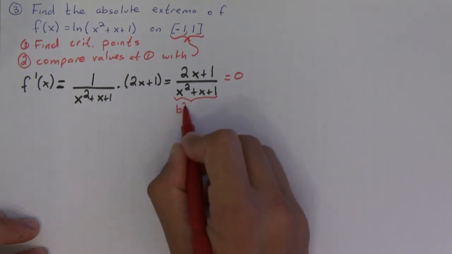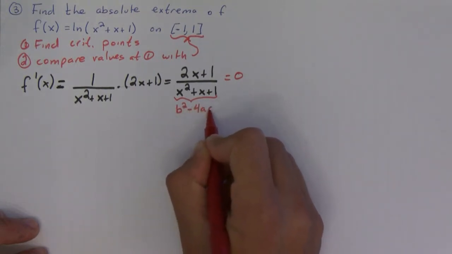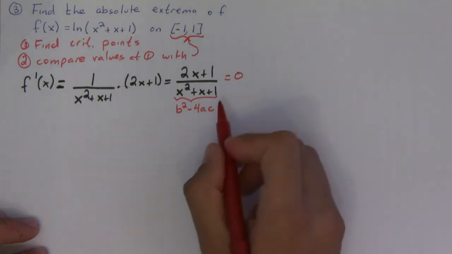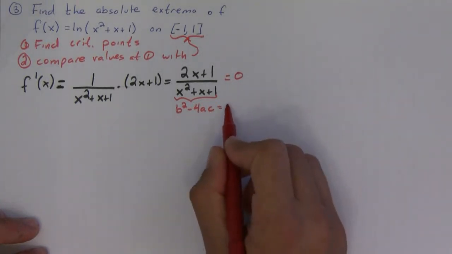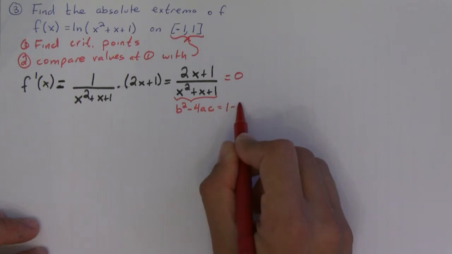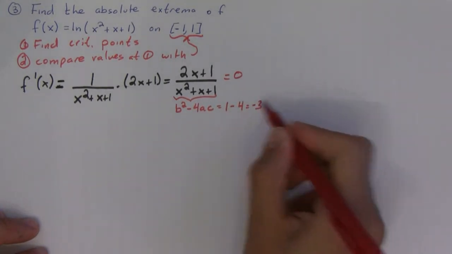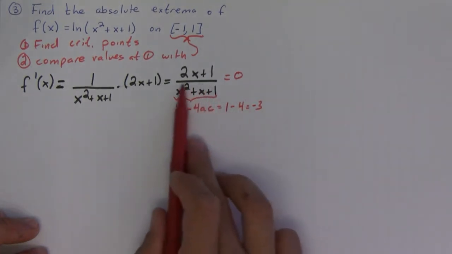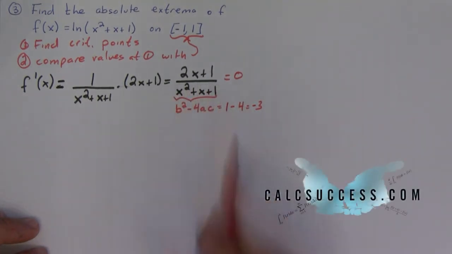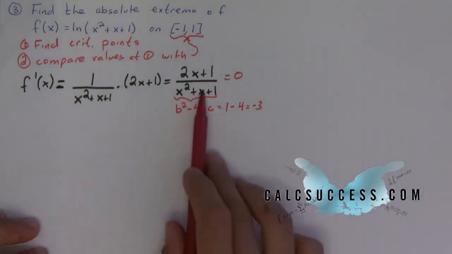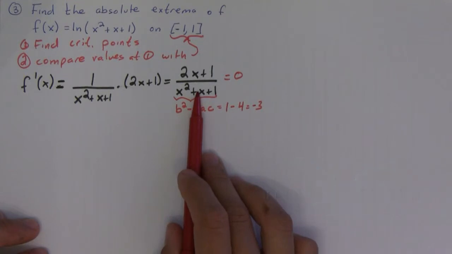Remember, the discriminant is the inside part of the quadratic formula. If you look at this, this is equal to 1 minus 4, which is negative 3. This is a negative number. That means that this quadratic equation has two imaginary solutions. So that means the denominator can never equal 0.